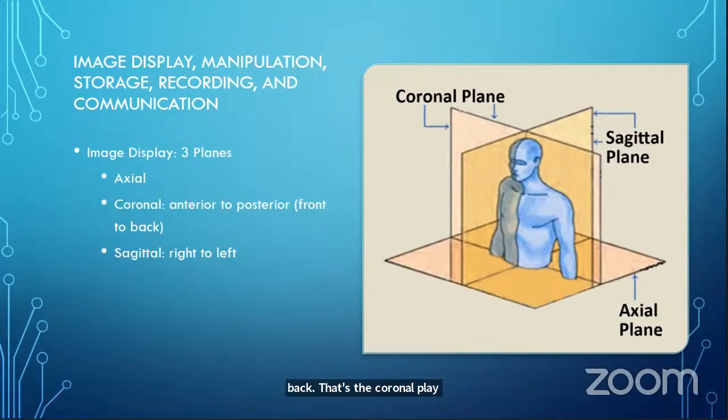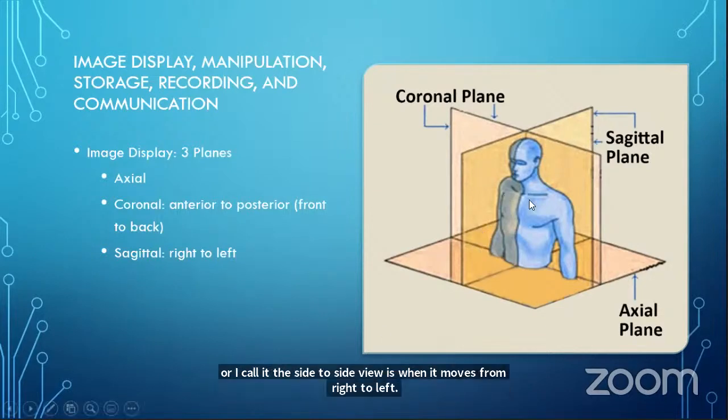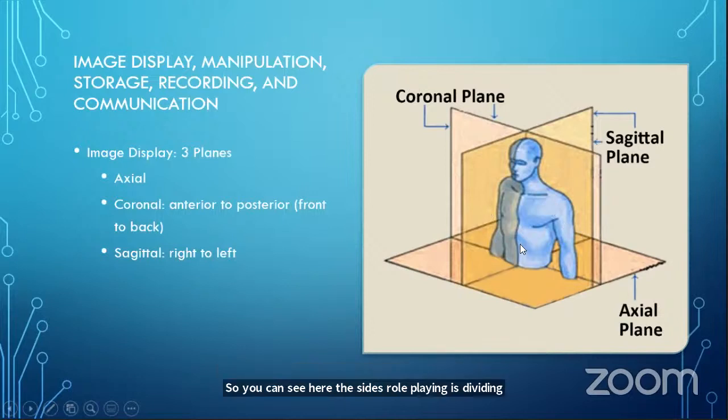And then the sagittal, or I call it the side to side view, is when it moves from right to left. So you can see here, the sagittal plane is dividing the body into right and left sections. And the coronal plane is going from basically the front to the back of the loaf of bread. That's just the easiest way for me to think about these planes.